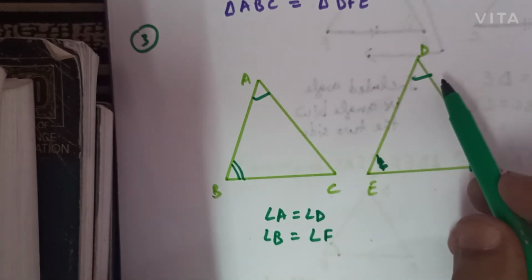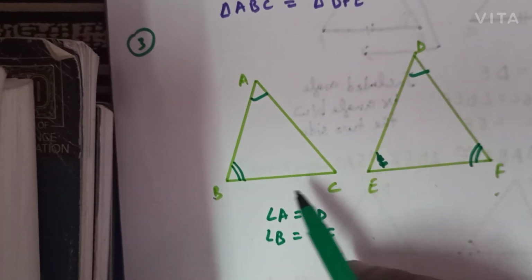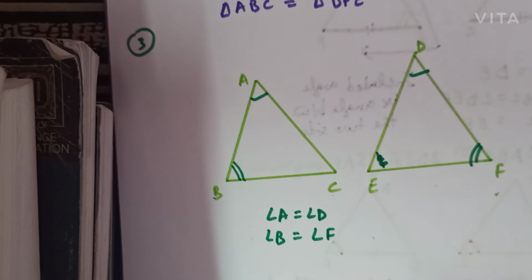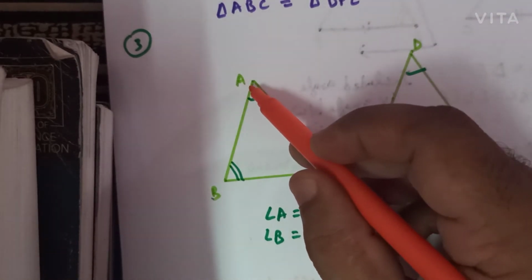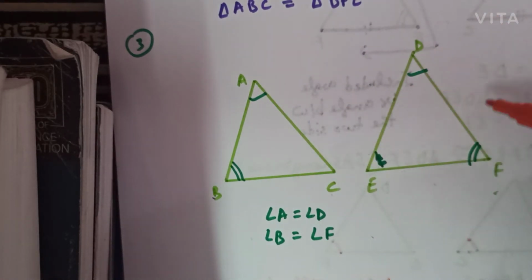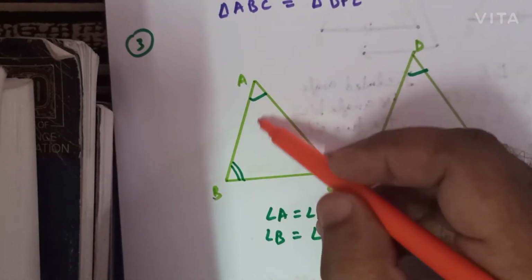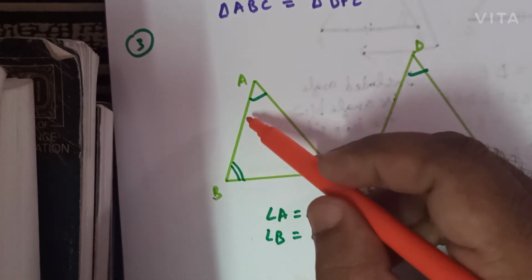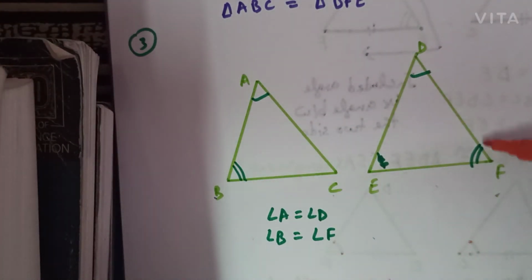But now the included side is not equal. Here the included side was AB, and here the included side was DF. The side which is between the two corresponding angles was AB, and in the other triangle, the side between the two corresponding angles was DF.